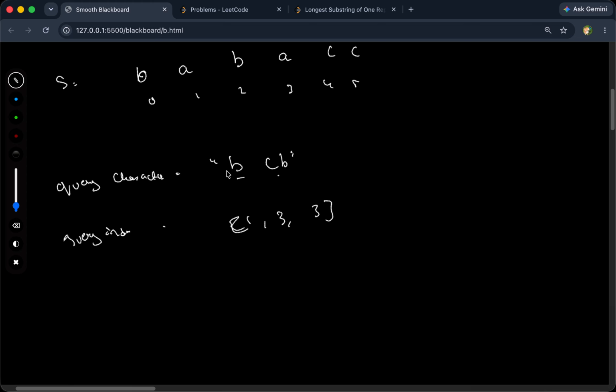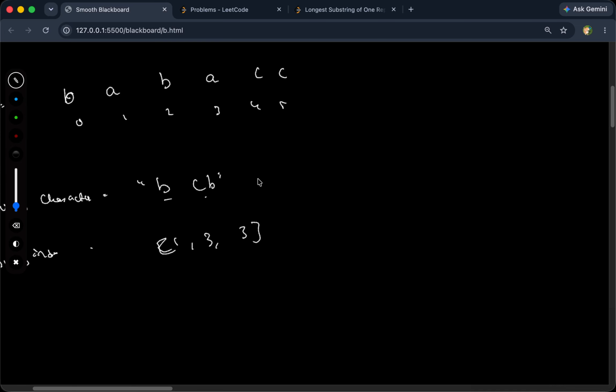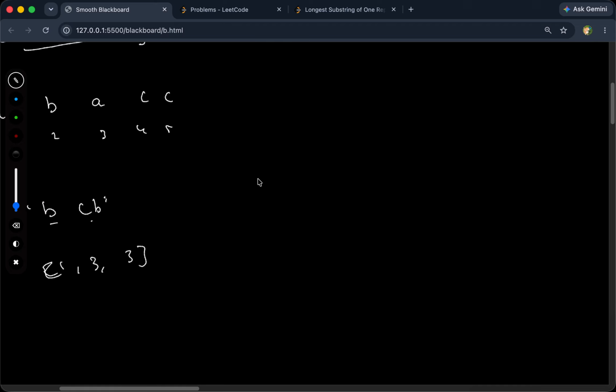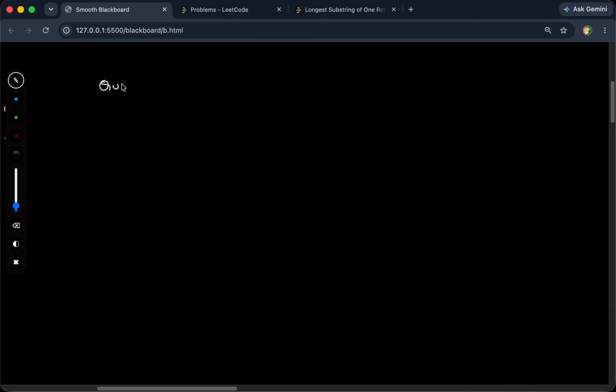The problem can give us multiple updates, not just one. Let's take this actual example and put it in a table, which makes it easier to understand. Queries are 1 2 3, indices are 1 3 3, and the new characters are b c b.